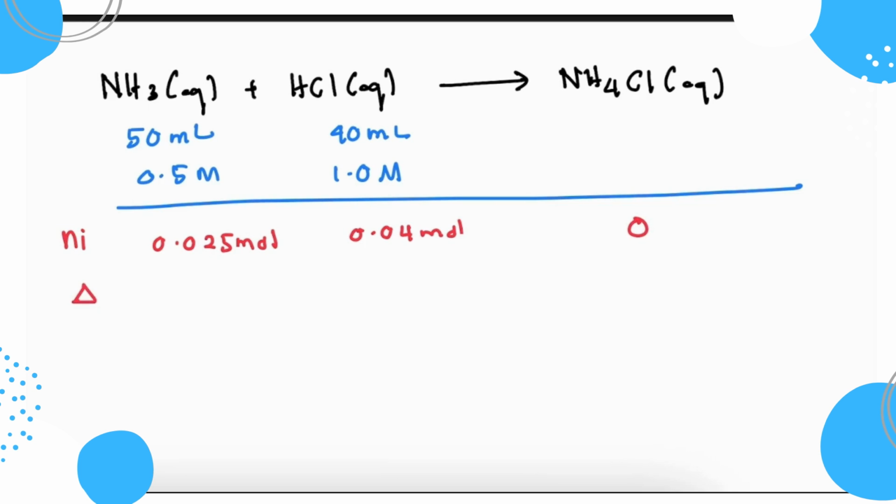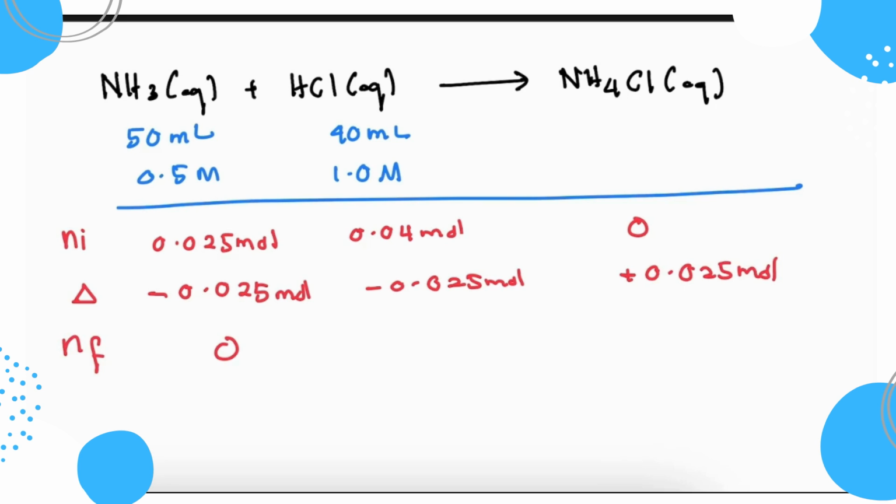The changes are according to the smallest number of moles, which is 0.025 mole. And the final number of moles is 0 for ammonia, 0.015 mole for the acid, and 0.025 mole for the salt.